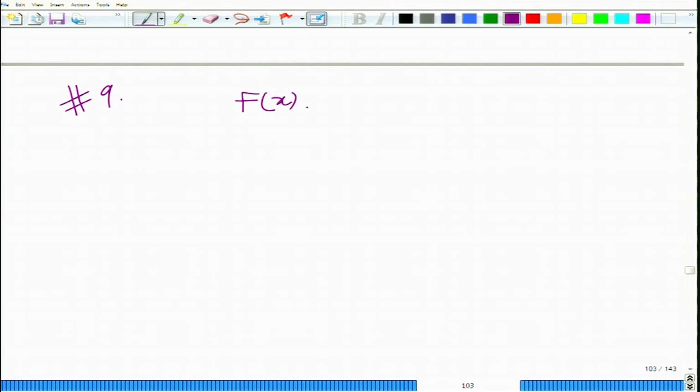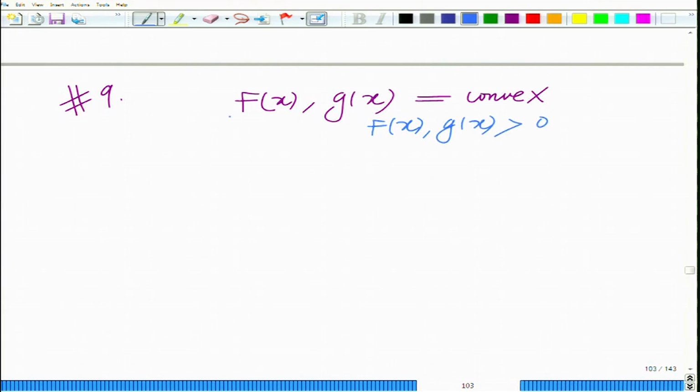Given two functions f of x, g of x, which are convex, and these are greater than 0, that is f of x, g of x greater than 0, and further these are non-decreasing.